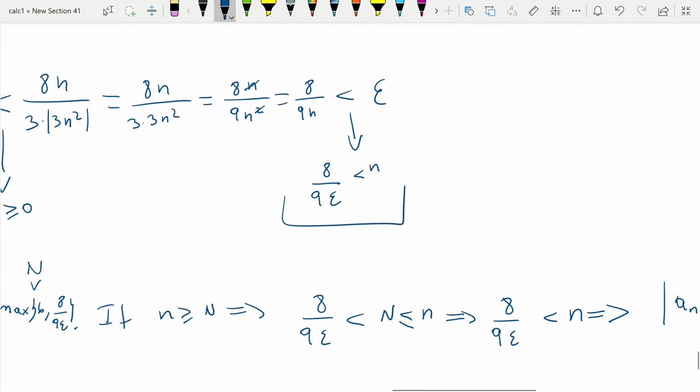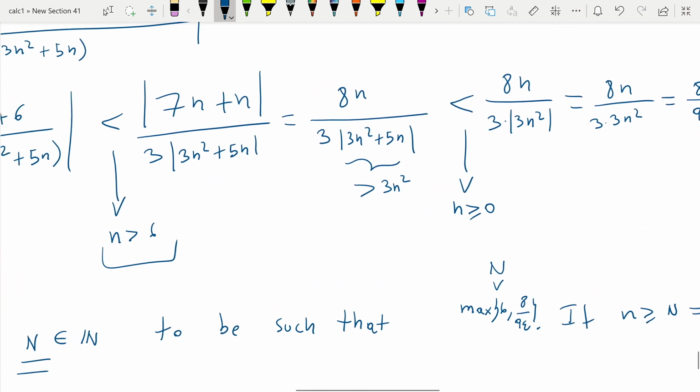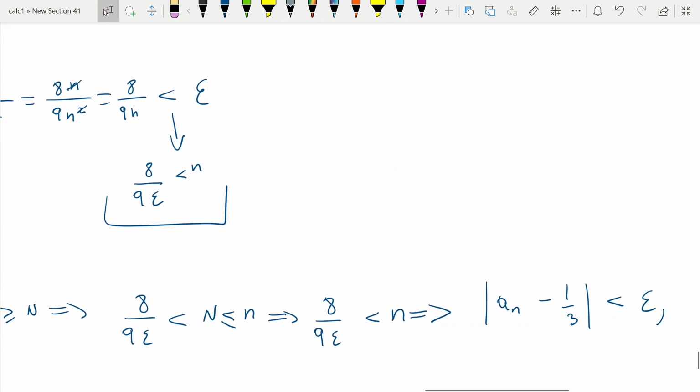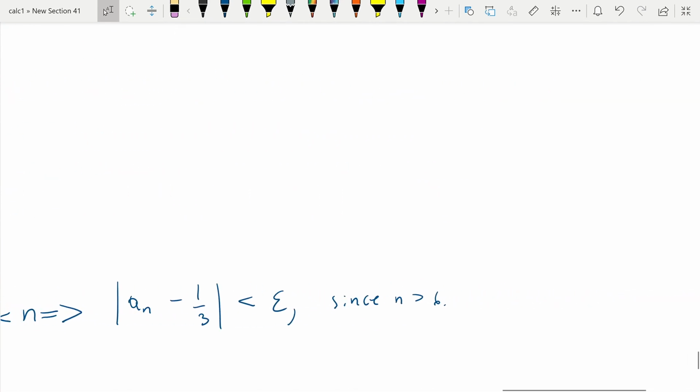Remember, this inequality here was true because n was greater than 6. So this is what allows you to conclude that this is true, ultimately. This is the final thing, and since little n is greater than or equal to N, which is in turn greater than 6.